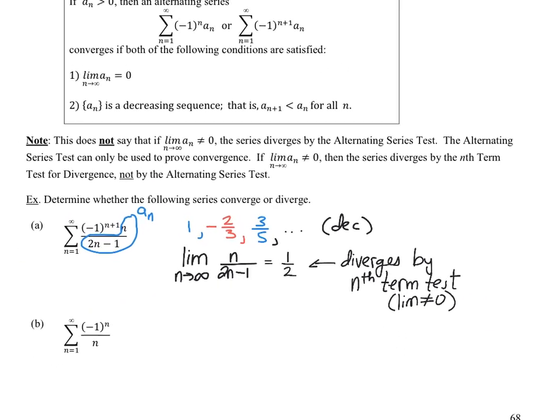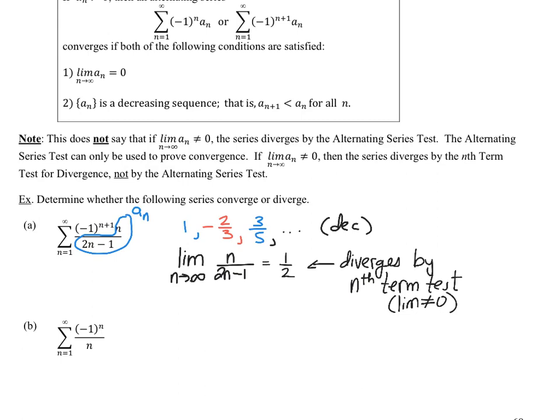All right. So that's a weird little quirk of the alternating series test. If both of these conditions are met, it converges by the alternating series test.